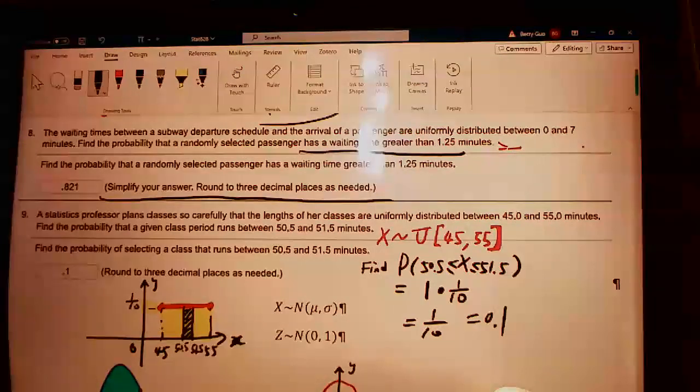If we are given a continuous random variable whose distribution is uniform on a certain interval, how do we find the probability of the random variable falling in a certain range?